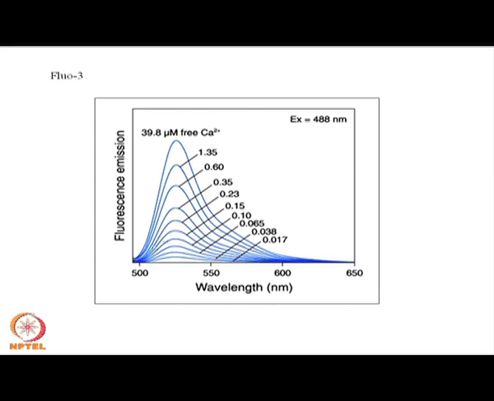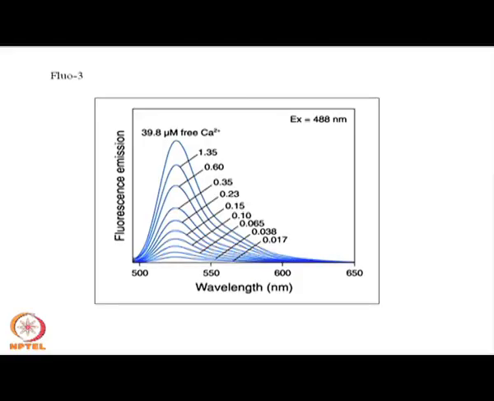Of course, there is no shift, only the intensity is increasing. So, calcium 2 plus ion may be making some chelate kind of compound that reduces your non-radiative de-excitation, as a result of which its emission intensity is increasing.